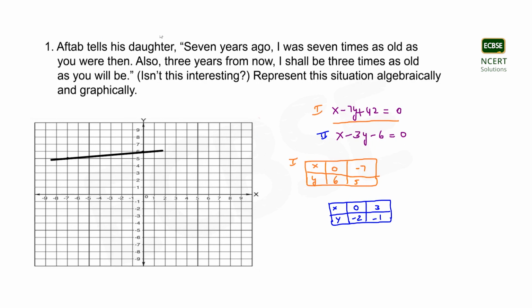Again let us mark the points of table 2. That is, if x is equal to 0, then y is equal to minus 2, means this point. And if x is equal to 3, y is equal to minus 1, means this very point, right? Now our next step is to join these points.